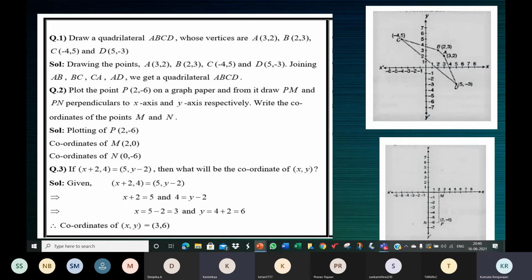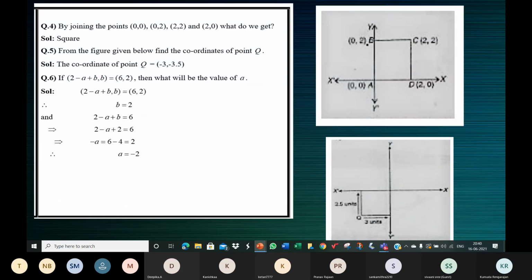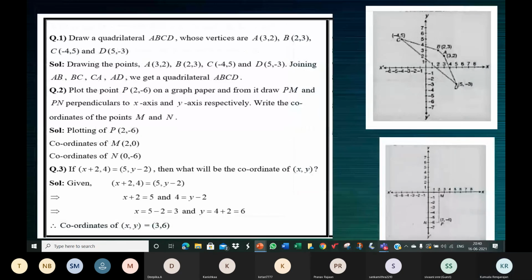Question number 3 is similar. In question number 3, children, x plus 2 is equal to 5, so you get x is 3.